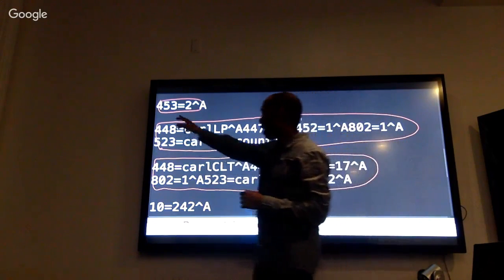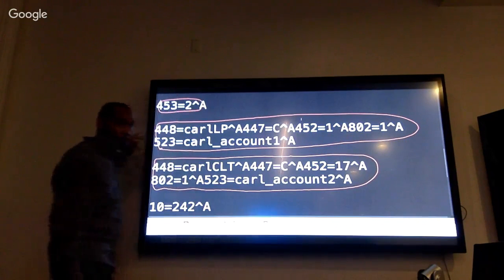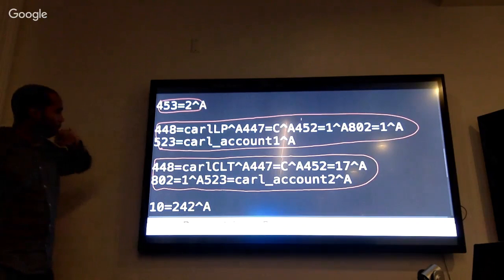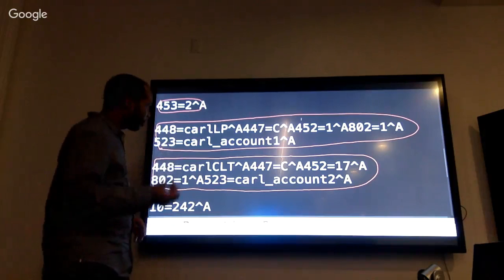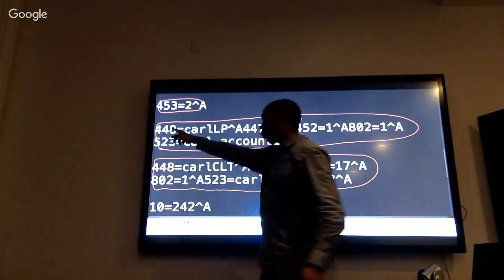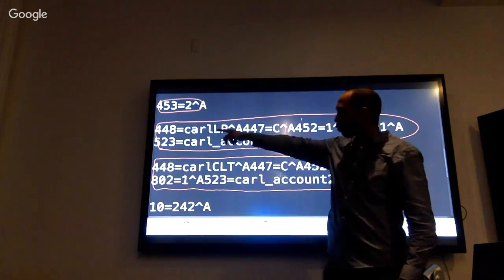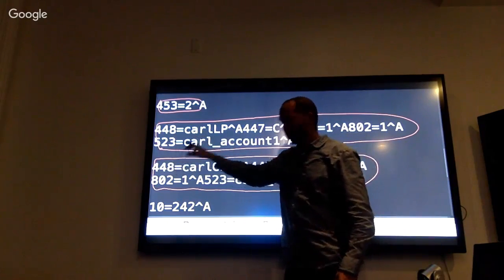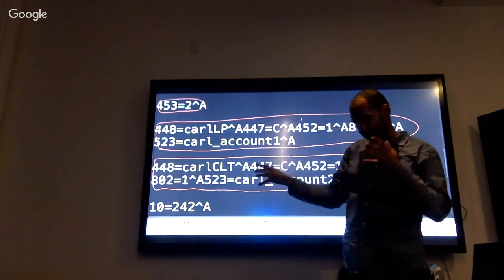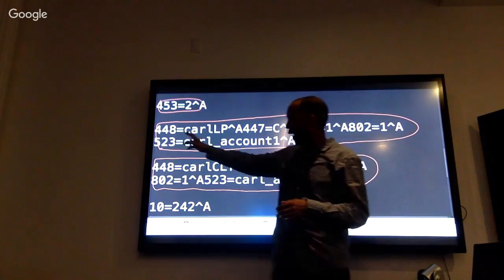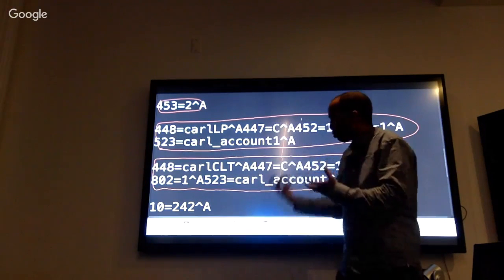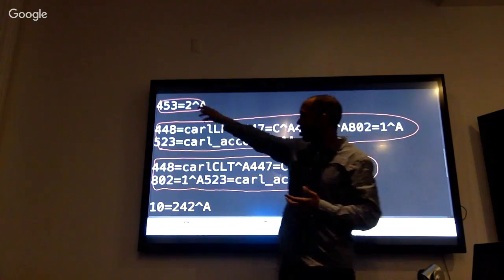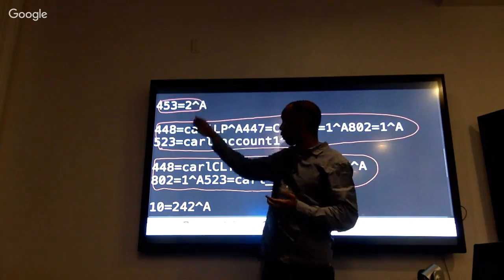So again, 453 equals 2. How many repeating groups are coming, right? The repeating groups you can delineate in your mind when you're looking at this message by tag 448, right? Tag 448 is in this repeating group, and again, there are different formats. This repeating group, that could be considered your delineation, or your marker, right? Just like you see caret A is the delimiter for the fixed message.